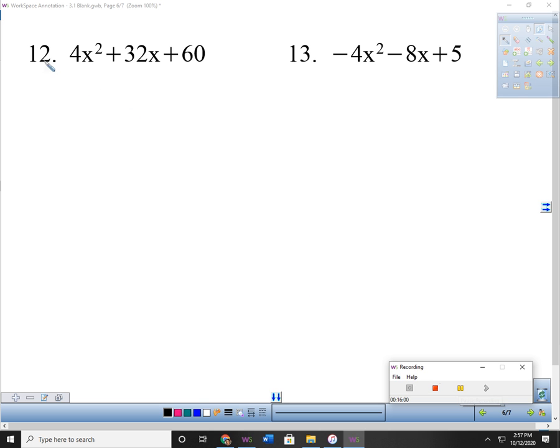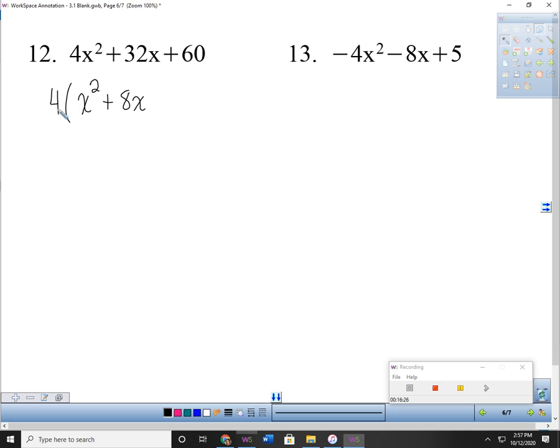So if you look at number 12, first thing you're going to check for is a greatest common factor. Do you have a greatest common factor? 2. Think bigger. 4. So I can factor out a 4, so I'm going to do that. 4x squared divided by 4 is x squared. 32x divided by 4 is 8x.